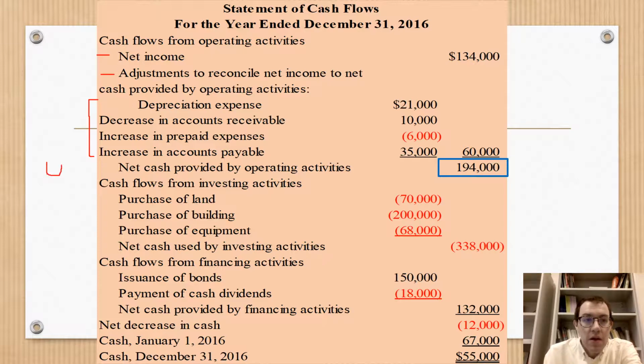And so you get to operating cash flows, which is often called net cash provided by operating activities. Then for investing, you list them all out, and you get to net cash used by investing activities because it's negative. And so on for financing cash flows.